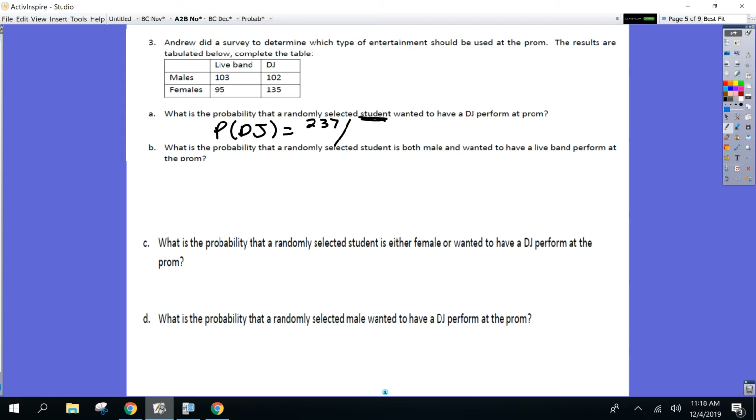I think you added a couple extra there. 462? Oh, out of all the DJs? No. All the students. There's 103 students that are male and want live band, 102 that want DJ and are male. So I'm adding up all 4 here. 460? Yeah? I got 435. I have 435.